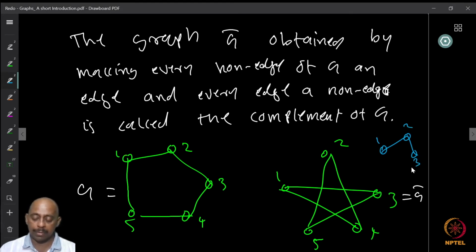What is the complement of this? 1, 2 is an edge, so there is no edge between 1, 2 in the complement. 1, 3 is not an edge, so 1, 3 will be an edge. 2, 3 is an edge, so 2, 3 will not be an edge. So I get this graph. These graphs are not isomorphic, you can see.